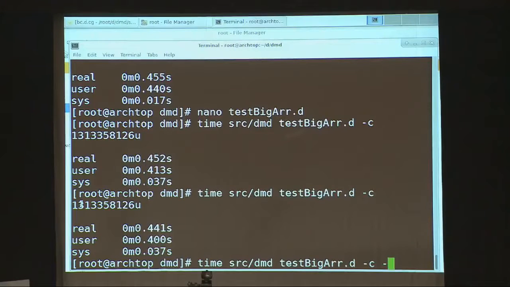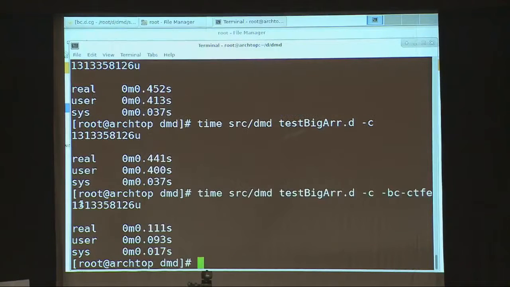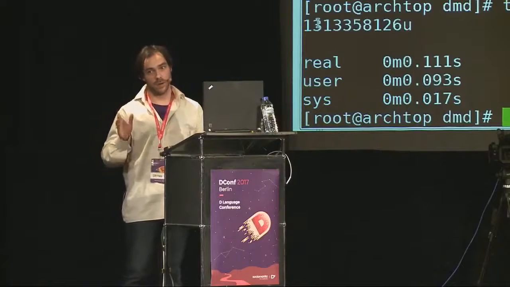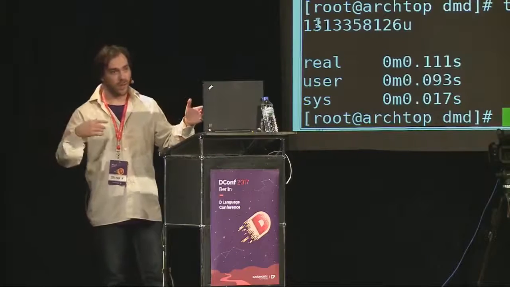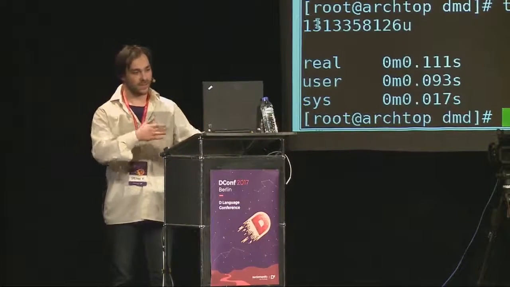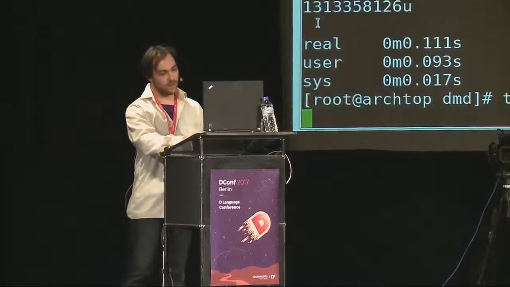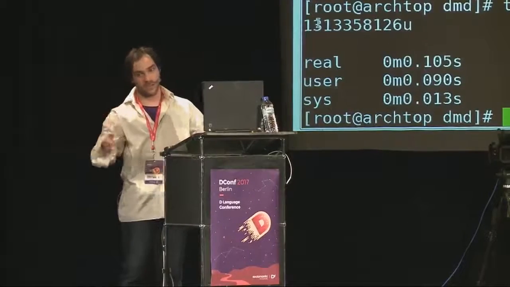Now, let's use BC-CTFE. I press enter, and the output is there immediately. It feels like nothing has happened. And that is very important, because when you compile code a lot, this does not break your concentration. You can press enter and it's there. It's just there.